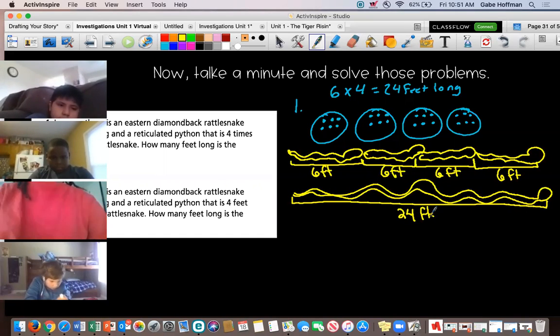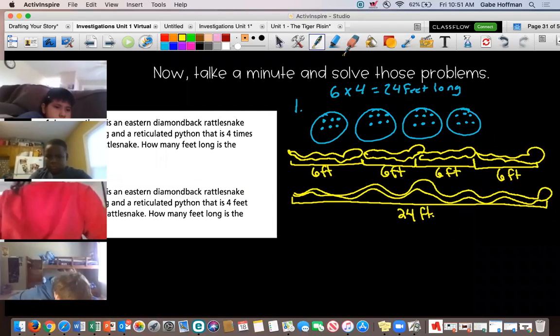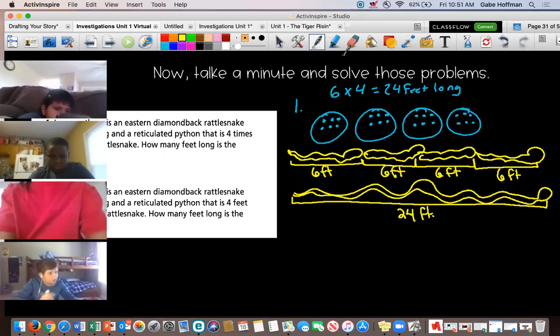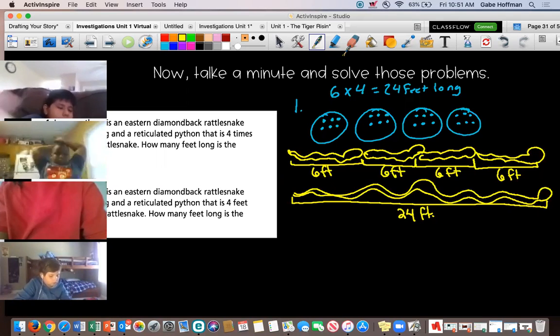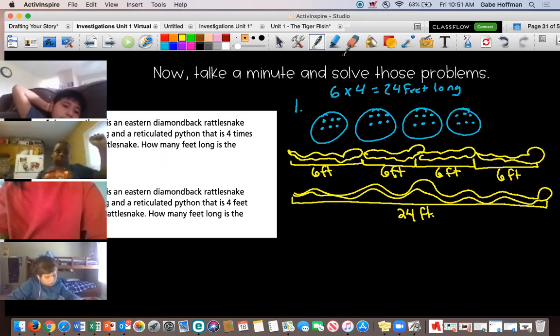So it's fine if you like to draw the circles and use that to represent your group. That is totally fine. But we have to make sure we understand what those circles mean. Ania could tell us exactly what the circles meant, instead of just saying 6 times 4. But another way to think about it is if we drew out those snakes next to each other, that python is the same length as 4 of those rattlesnakes because he's 4 times as long.